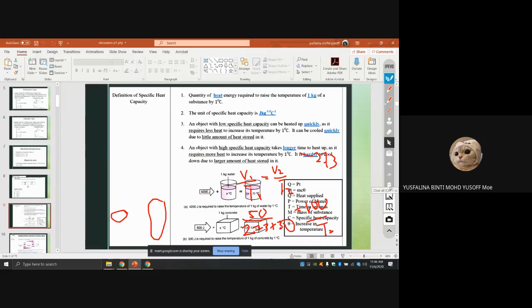Okay, specific heat capacity. So what is the specific heat capacity? Specific heat capacity is the quantity of heat energy to raise the temperature of 1 kg of the substance by 1 degree Celsius. If the question just asks you the definition of heat capacity, you don't need to put 1 kg here.